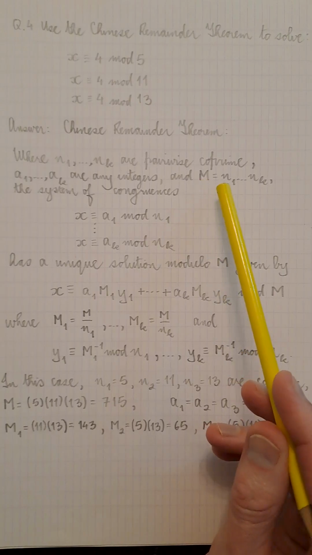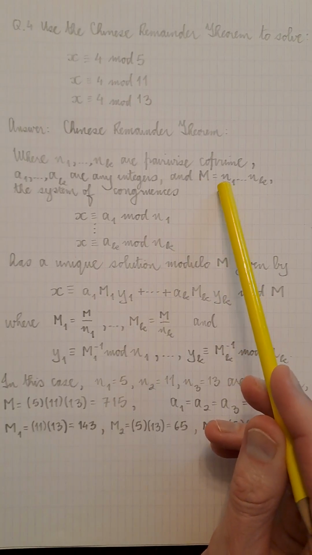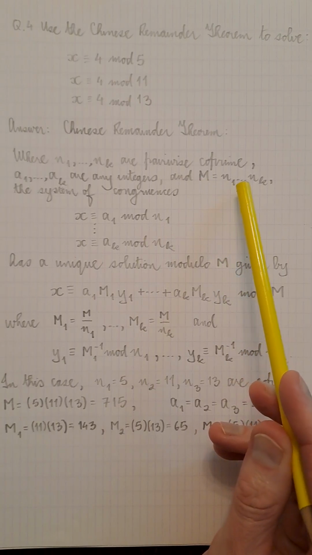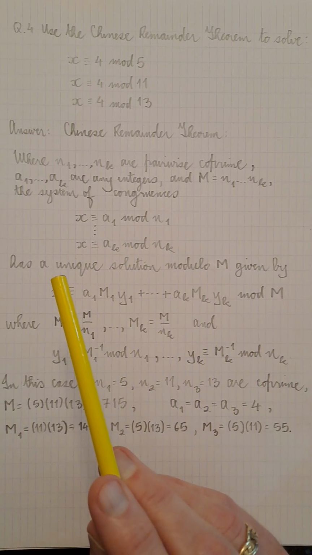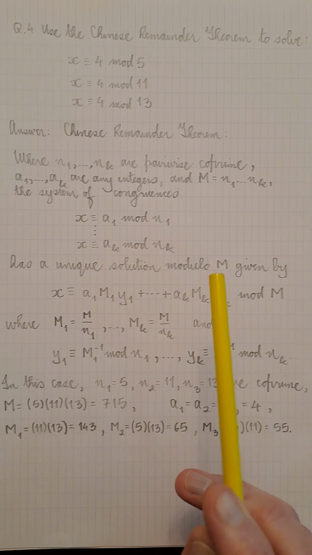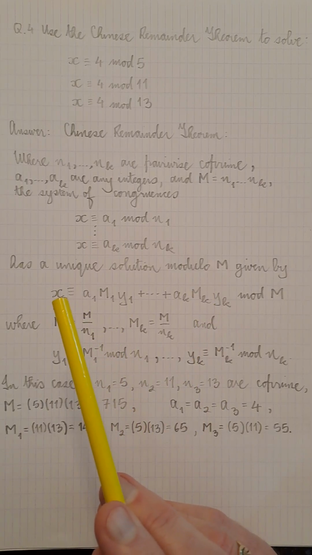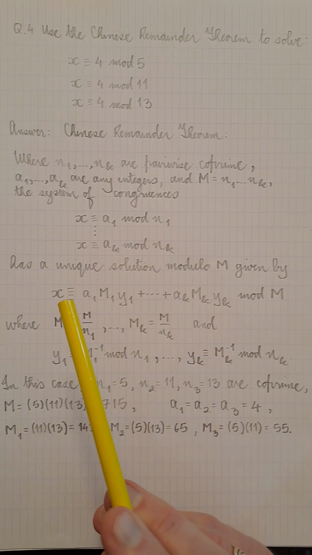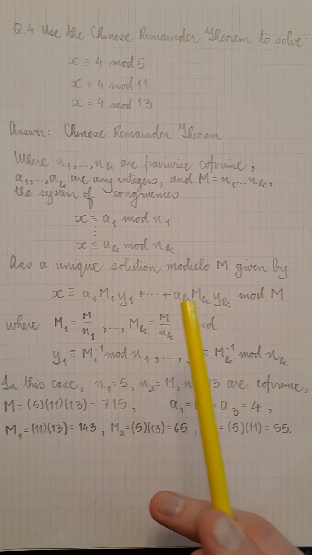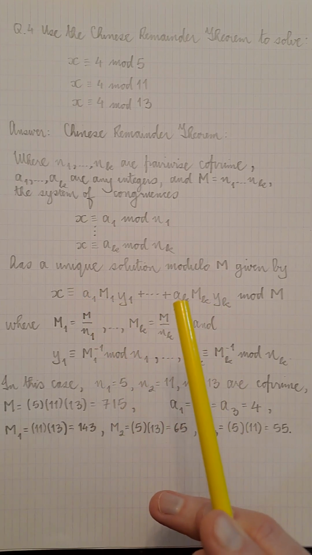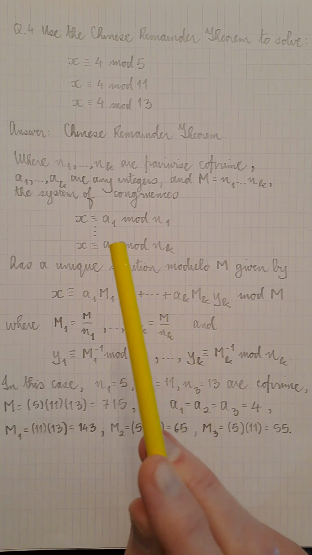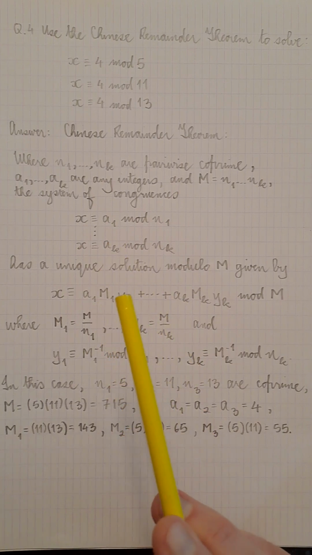And if M is the product, n1 multiplied all the way down as far as nk, then there is a unique solution modulo M, and it's given by x is congruent to this number here, where these A1 to AK values come from the system of congruences.